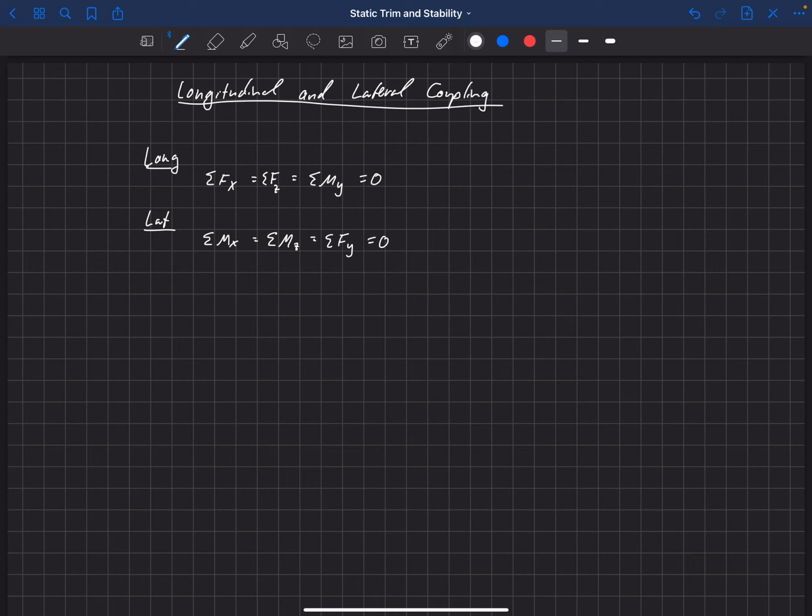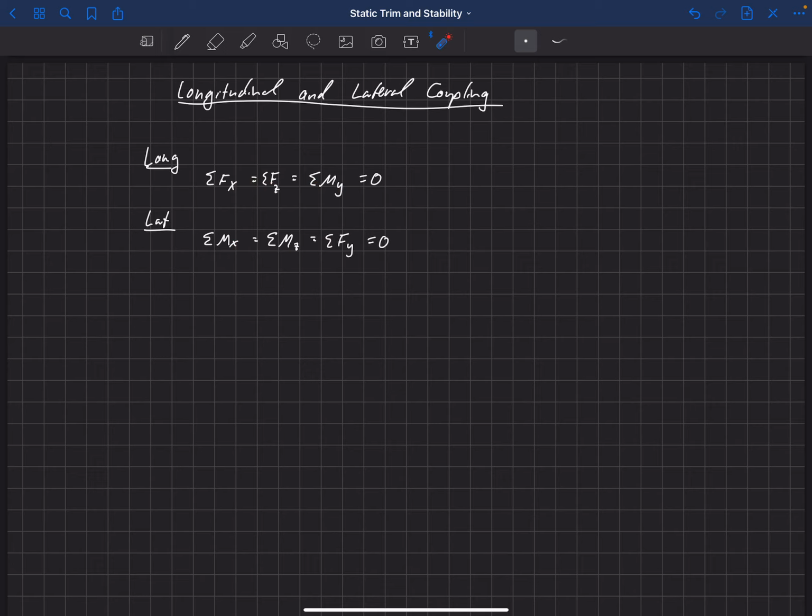Well, this is a three-dimensional system, and so we have 6 degrees of freedom. We have forces along each of the axes and then moments about each of the axes. And so if all of this sums to zero, then we're in a trim state.